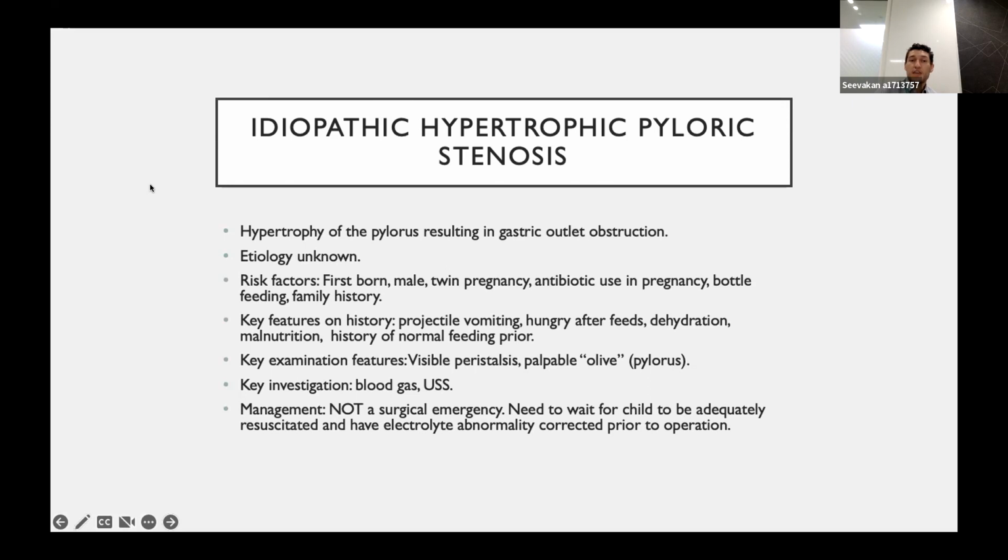So the key things are going to be the history and the investigation on the blood gas, so that hypokalemic, hypochloremic, and hyponatremic metabolic alkalosis. That's always a bit of a mouthful. What I remember is all of the electrolytes are low. One, because you're vomiting out the chloride, you're vomiting out the potassium.